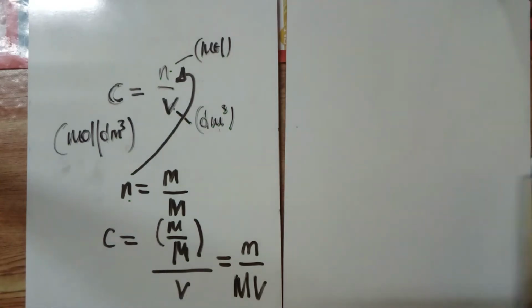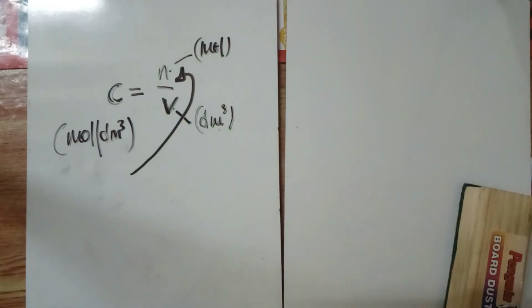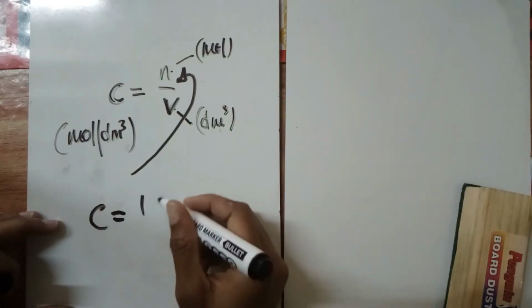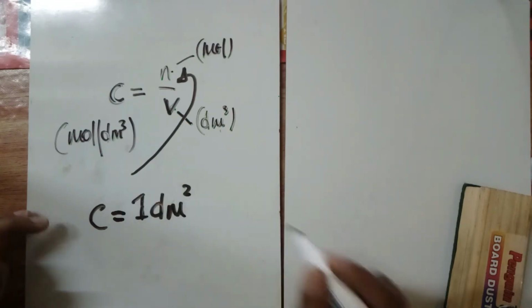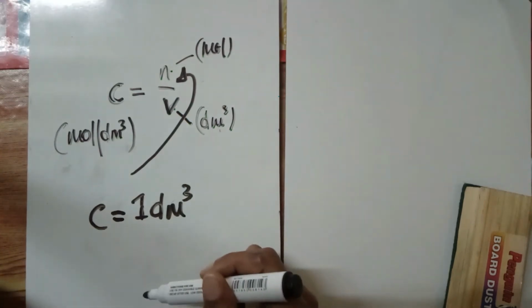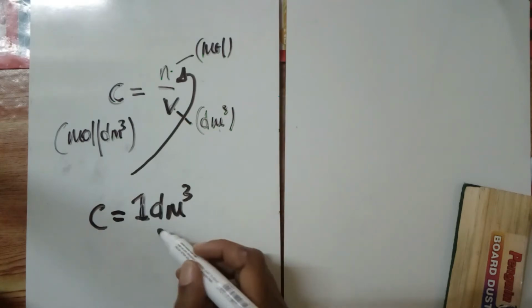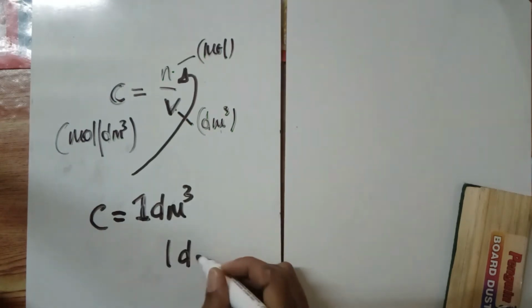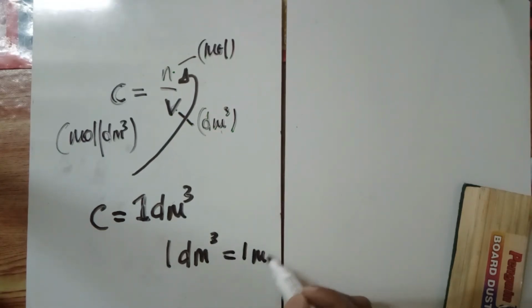If we are given a concentration and they say it's 1 mole per cubic decimeter, what that is telling you is that for every volume of 1 cubic decimeter, there is 1 mole. I hope that is making sense, right?